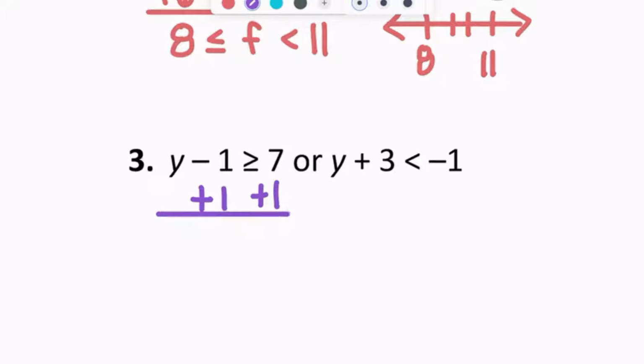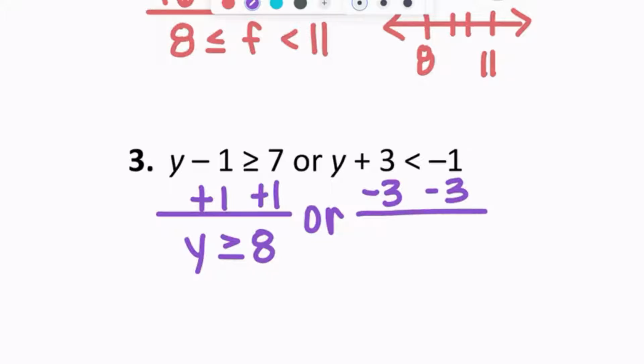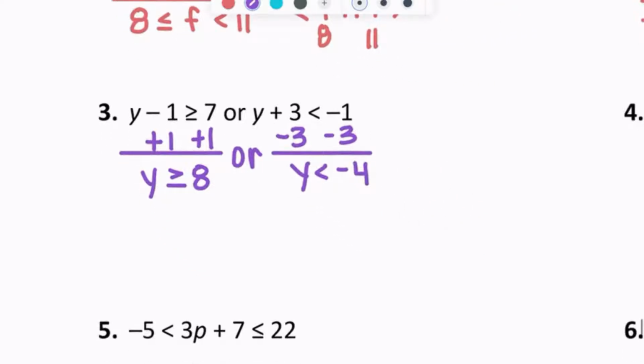And so that's going to give me y is greater than or equal to 8. Okay. Got my "or" statement. And then I have y plus 3 is less than -1. So subtract 3 from both sides. And so I have y is less than -4. And so that is an "or" statement.